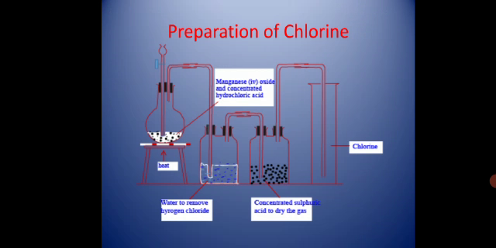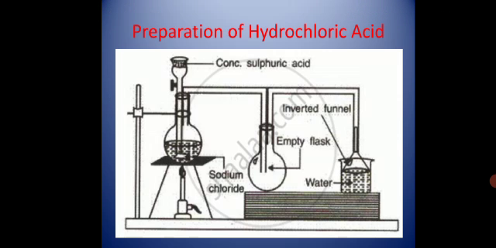Now you understood how chlorine is manufactured, how it is prepared, and what are the properties of chlorine, I said you. Now coming to hydrochloric acid, it is being prepared from sodium chloride. When preparing hydrochloric acid, what you find is that NaCl and conc H2SO4, you can see it in the figure, that sodium chloride I have taken, the brine solution I have taken, and from the thistle funnel I am pouring conc sulfuric acid.